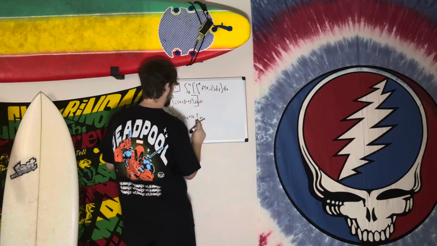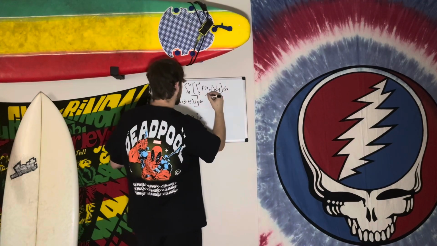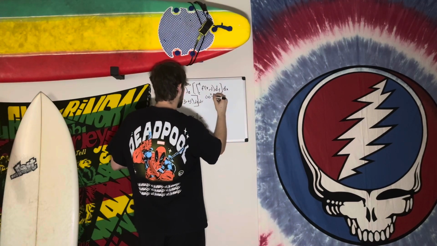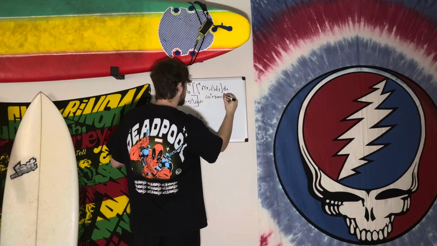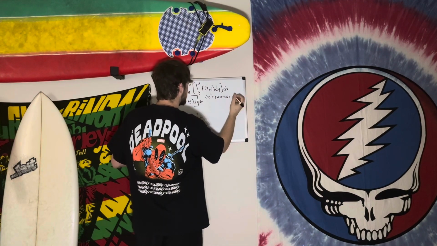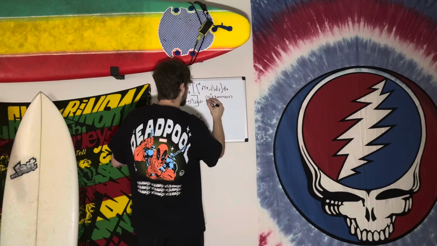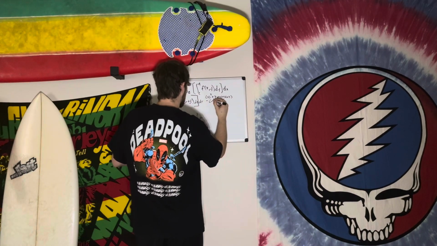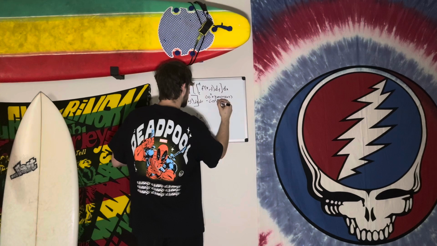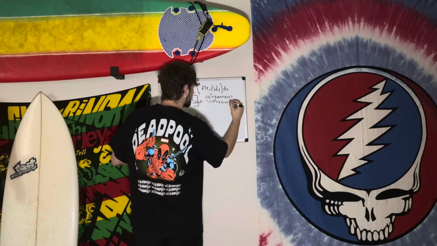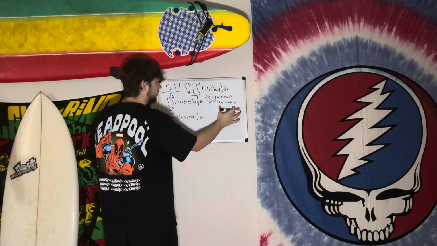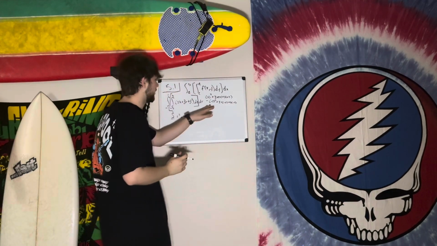So we've got to plug in our bounds, negative 2 to 2. It's going to be 2 squared plus 3y times 2 plus 5 times 2, all minus negative 2. Alright, so this is going to be our problem right here.